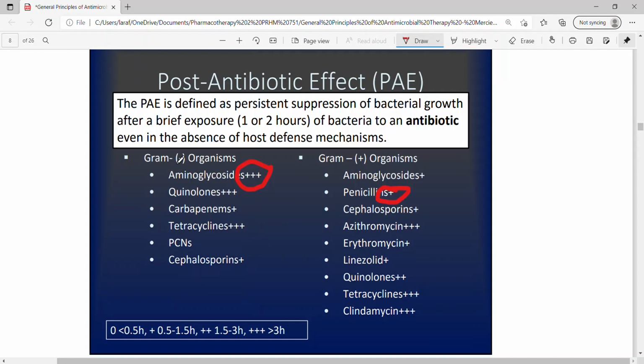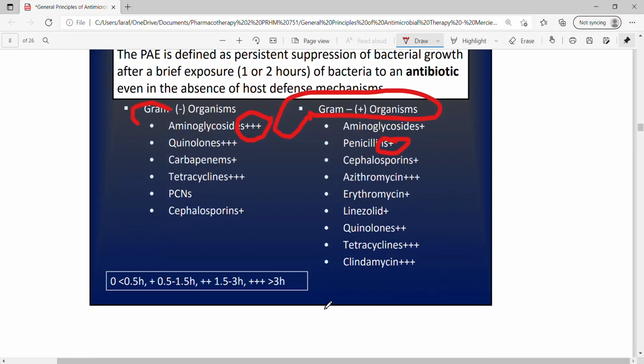And you have some of the gram-negative organisms, affected by antibiotics like aminoglycosides, quinolones, carbapenems, tetracyclines, penicillins, cephalosporins. Then the gram-positive organisms get affected by aminoglycosides, penicillins, cephalosporins, erythromycin, linezolid, quinolones, tetracycline, and clindamycin.